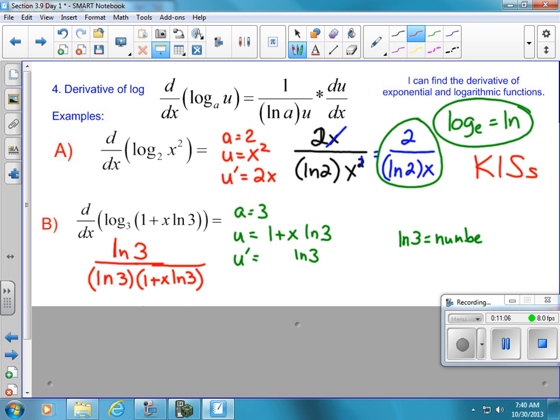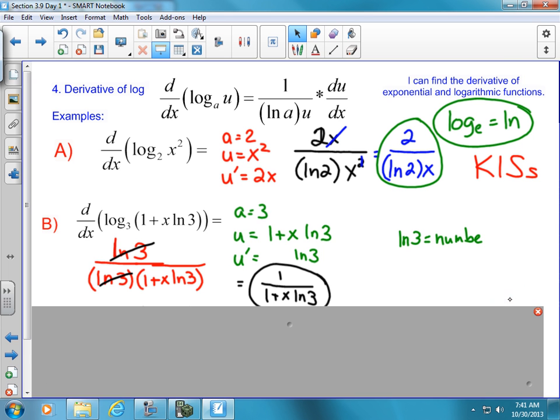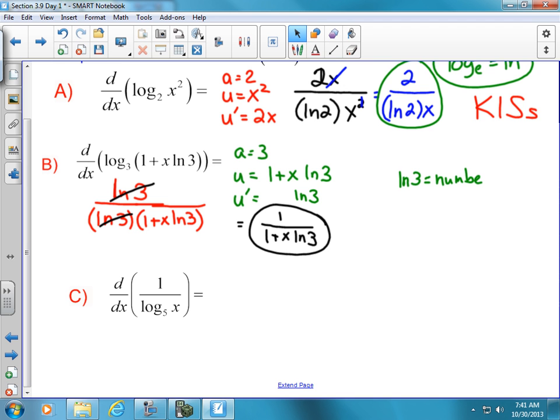Now if we look at this, I think we can cancel out the ln of 3's. And so our final answer is going to be 1 over 1 plus x ln of 3. That's our final answer for the derivative of part B. Now, part C is one more example: 1 over log base 5 of x.